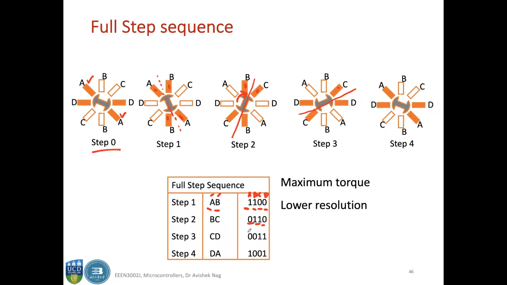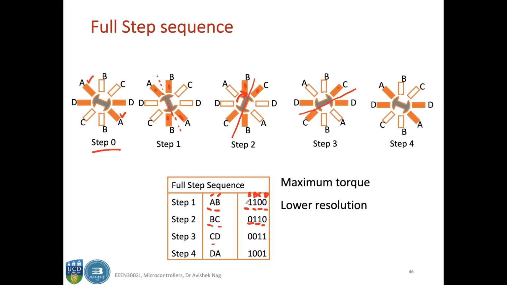Similarly, when you have current in CD, then you have this particular configuration of the rotor. So in that way, you can move this rotor in steps, and different steps are denoted by these different combinations of stators that have current in them.